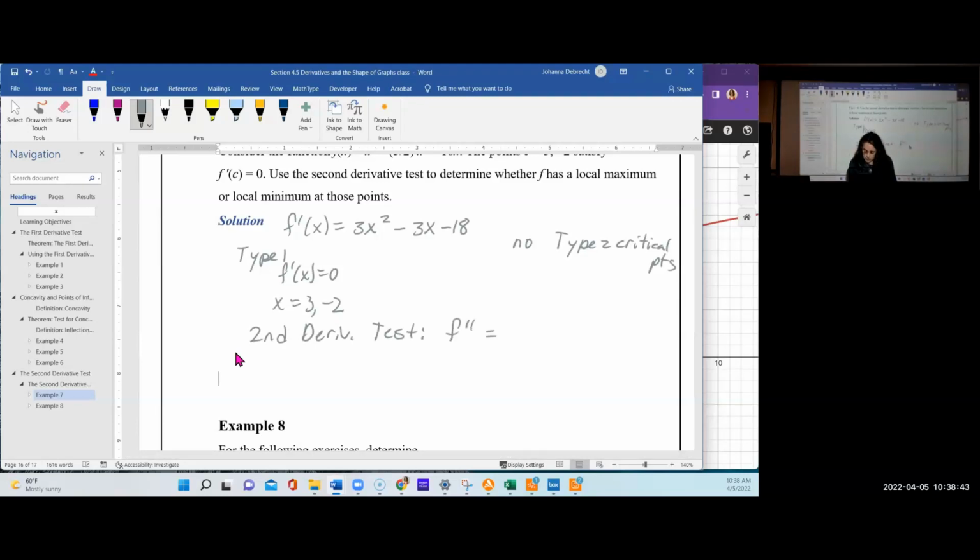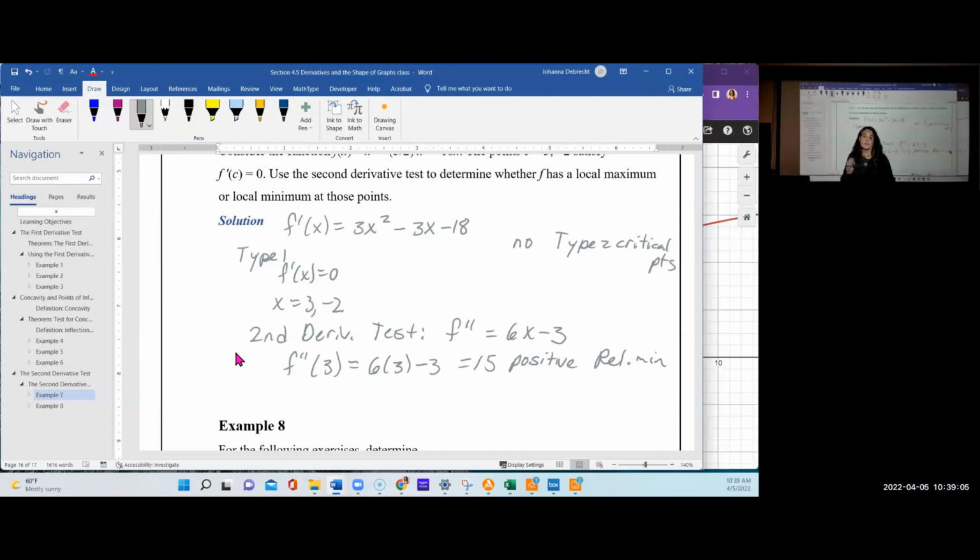So f double prime, which would be 6x minus 3, and we plug in the value of the critical points. F double prime of 3 would be 6 times 3 minus 3, which is 15, which is positive. So it's a relative minimum.